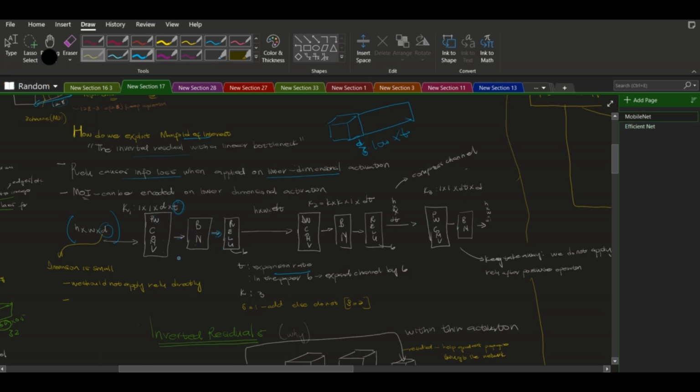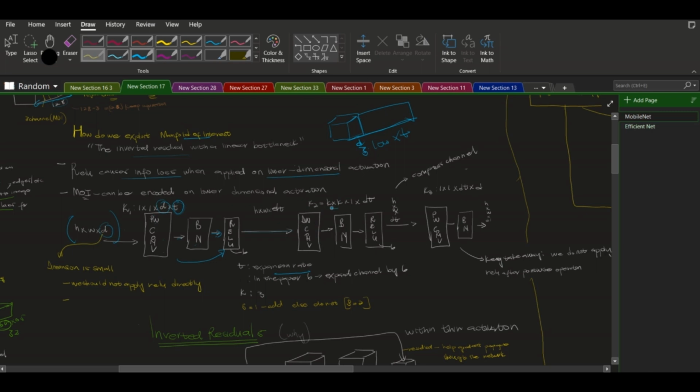It's okay for us to apply ReLU here because we expanded the channels, so we have a huge channel count. It's fine. It's just that we don't want to apply it where we have a very low dimension.